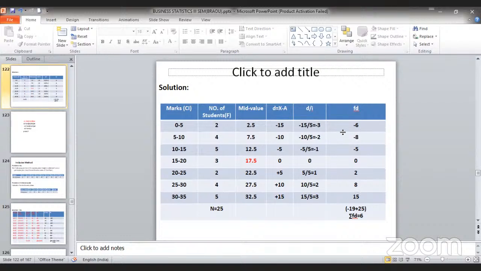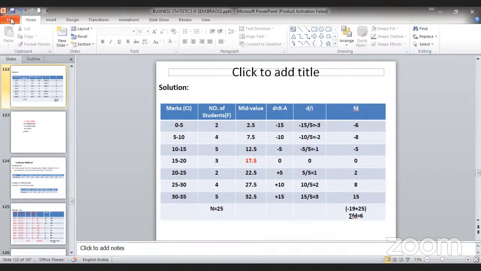When you add all the minus values, that is 14 plus 5, it is 19, minus 19. When we add everything, you get 25 minus 19. You need not write any minus sign because the plus value is more. Understood? So sigma FD is 6.